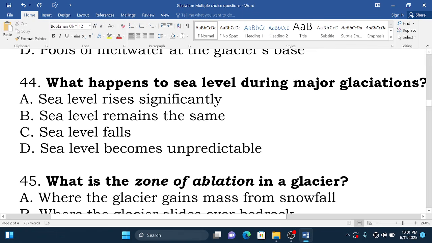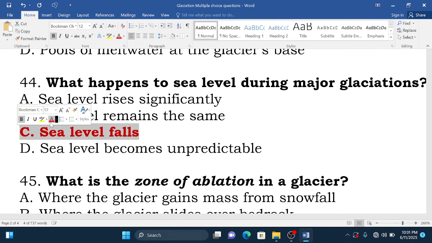So the correct answer is C, because when water freezes, the sea level will reduce, and this indicates marine regression. So the correct answer is C, where the water of the sea reduces.